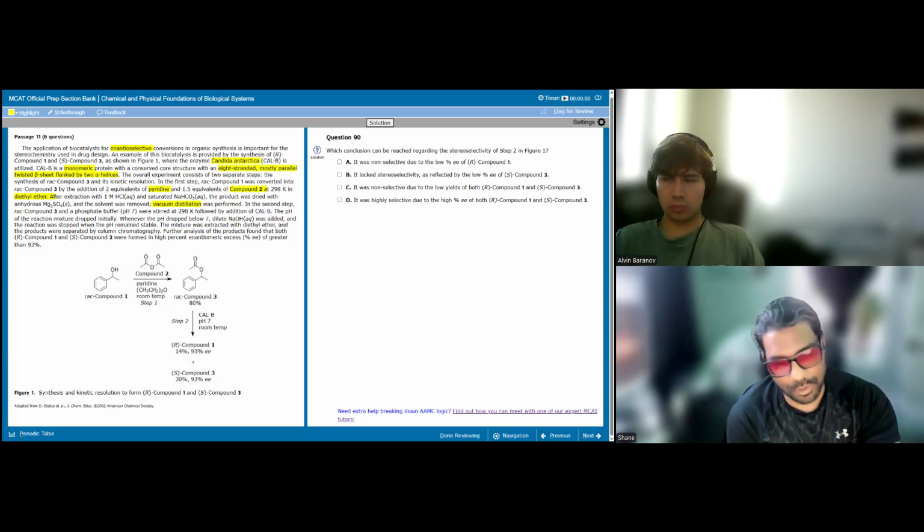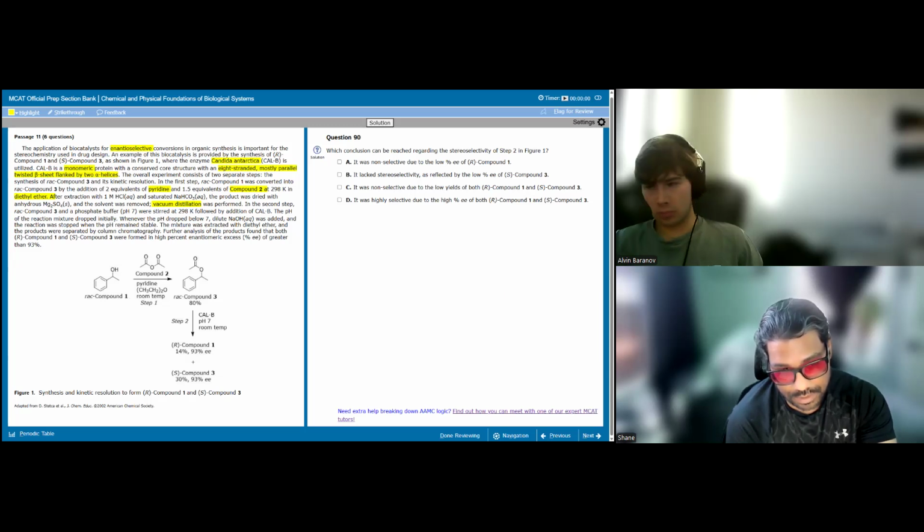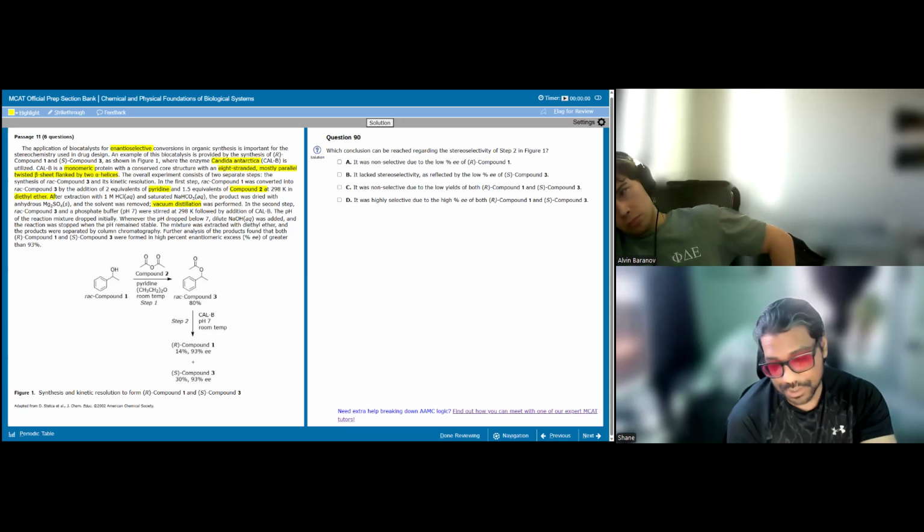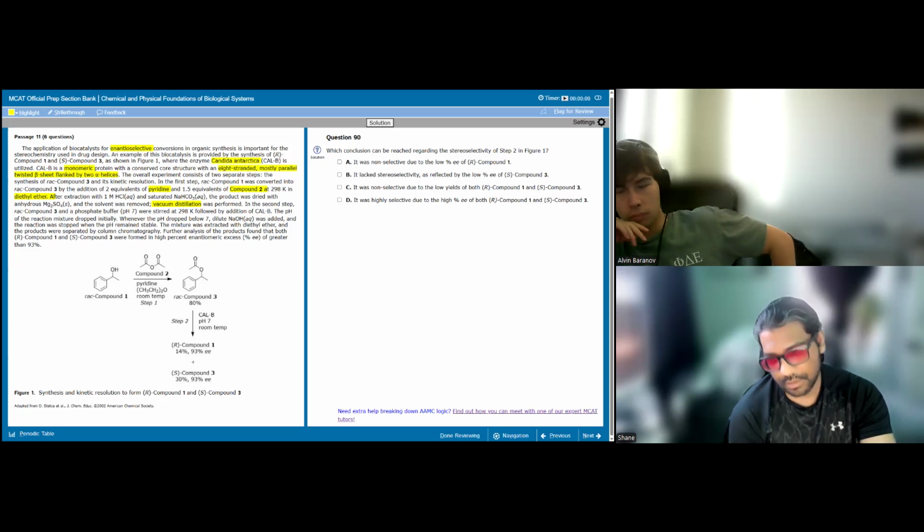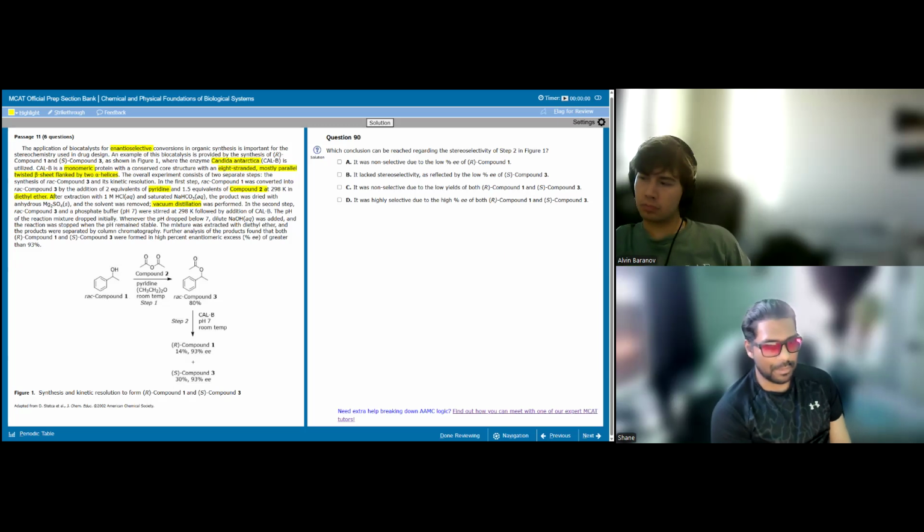So that would lead me to say that it is selective, because it is selecting for the S enantiomer, right? So I guess that can narrow it down to D, but I haven't looked at the other parts.